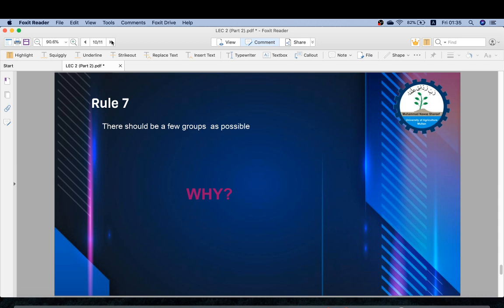So what is the final rule? There should be as few groups as possible. Why? I think you can answer this. We discussed this in the introduction of DLD when I talked about why we use logic gates, why we use Boolean expressions, and now why we use K-maps.